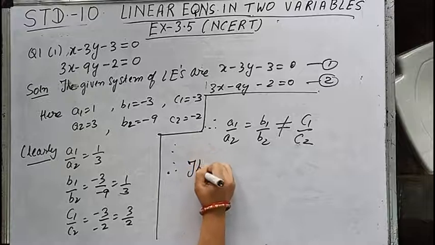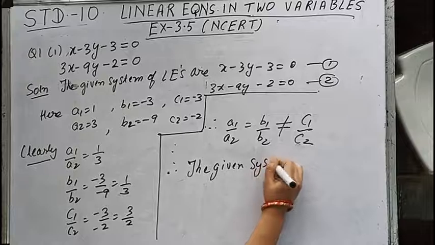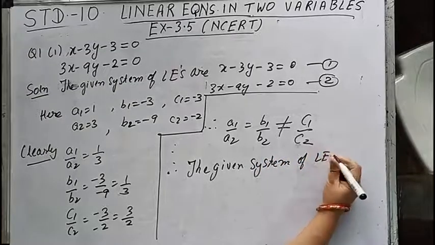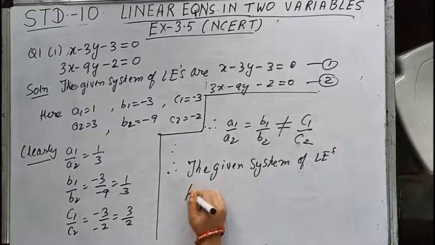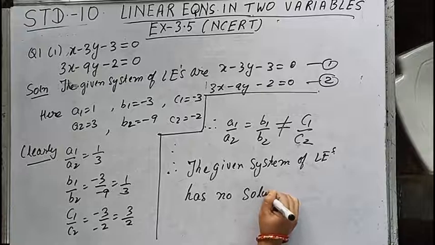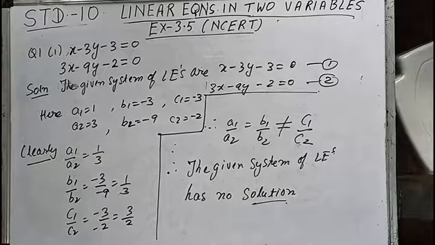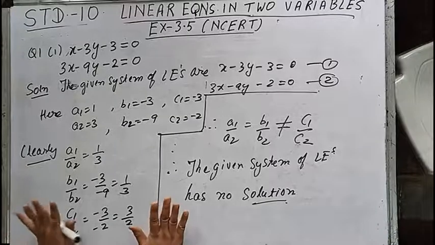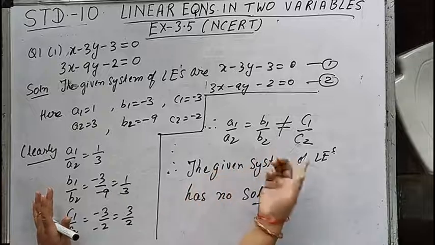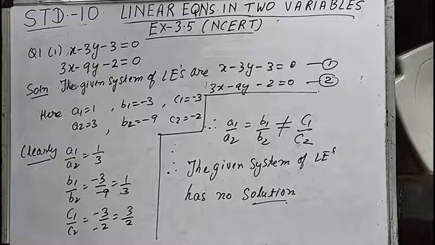Therefore, the given system of linear equations has no solution. So this solution is complete. We don't have to go further, it is no solution, because a1 by a2 equals to b1 by b2 but not equals to c1 by c2. So let us proceed to subpart number 2.